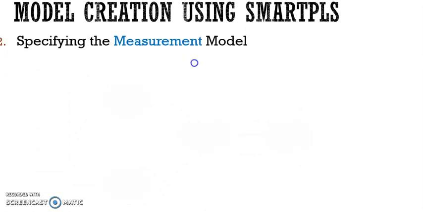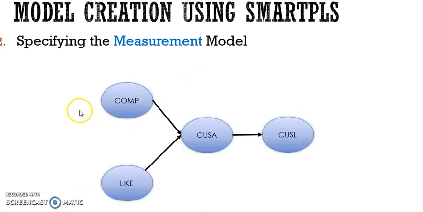Another example of a measurement model: if we have competence and like, causing customer satisfaction, and customer satisfaction will finally give customer loyalty.